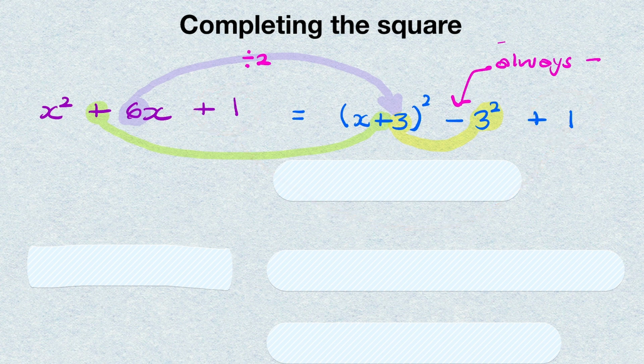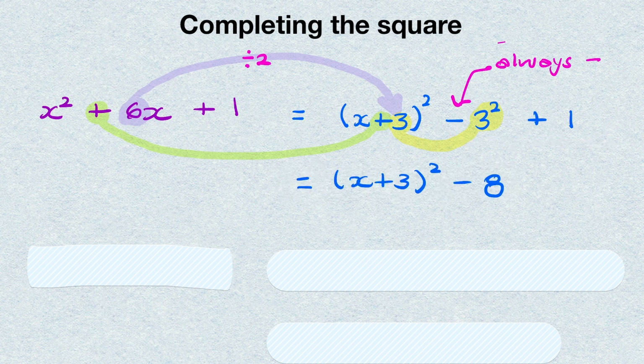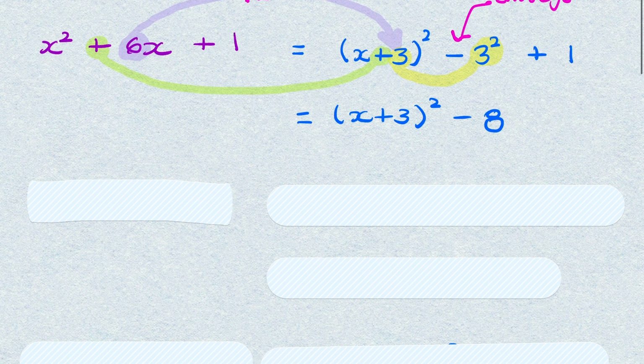So x plus 3 squared minus 3 squared plus 1. This is minus 9 plus 1. That'll give you minus 8. So this is the complete square version of this. Here we have the complete square, and this is an extra number being subtracted. So that's my first example.